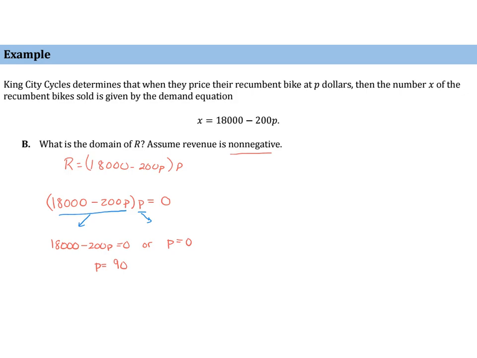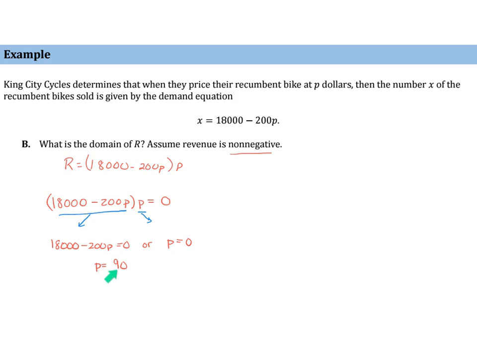Now, it's quite easy to tell that if p is negative, our revenue is going to be something times a negative number. And it'd be 18,000 minus a negative, so that'd be 18,000 plus something. This would be a positive number times a negative number. So p can't be negative. And that makes sense. Price can't be negative.